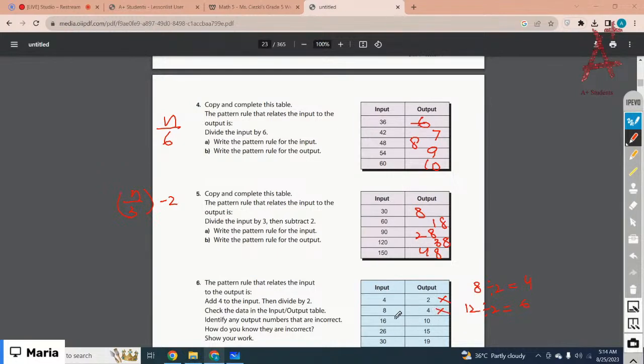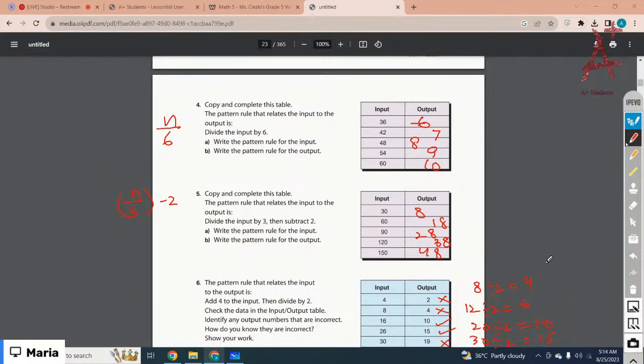Also incorrect. 16 plus 4 is 20 and 20 divided by 2 is 10. Yes, this one is correct. 26 plus 4 is 30 and 30 divided by 2 is 15. This one is correct, right? 30 plus 4 is 34 and 34 divided by 2 is 17. The first, second and last ones are not correct, and two of them are correct.